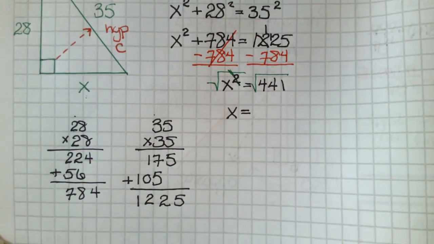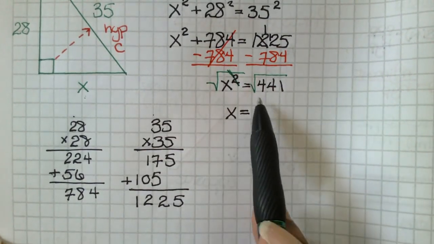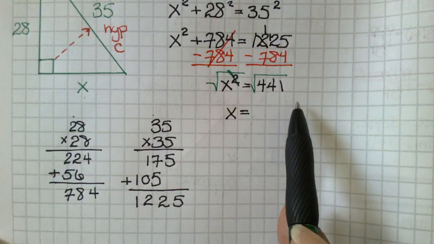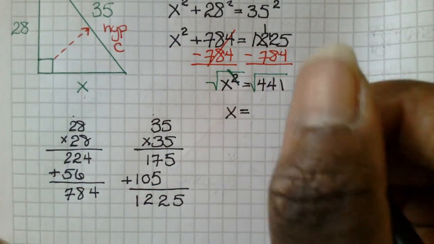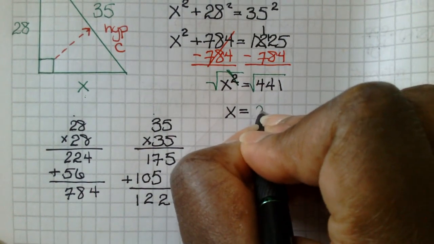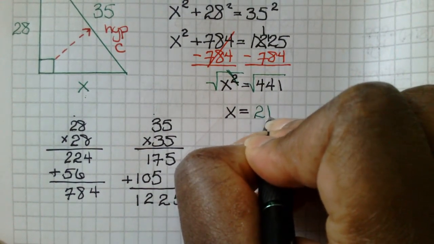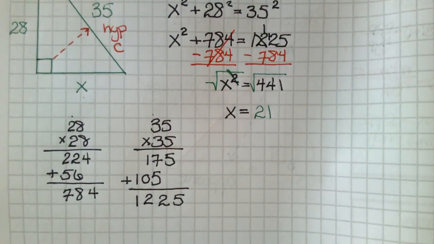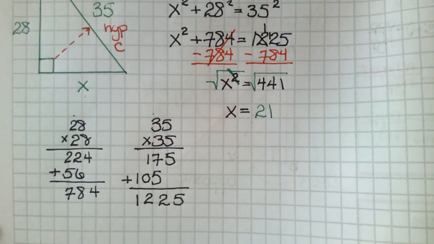So now we have to know our squares. So the square root of 441, that's actually a perfect square root. That gives us 21. Now I know some people would say, oh, well, Audrey, you should do plus or minus. Well, I get it.